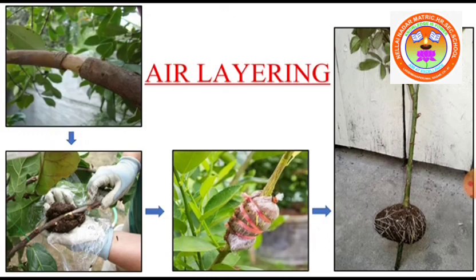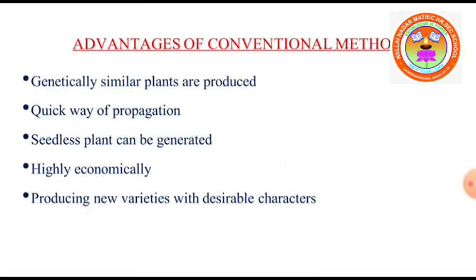There are some advantages in the conventional methods. Plants produced by the conventional methods are genetically uniform. Many plants can be produced very quickly through this method. Some plants which produce little or no seeds, especially seedless plants, can be propagated. In such cases, plants can be produced in a shorter period of time.